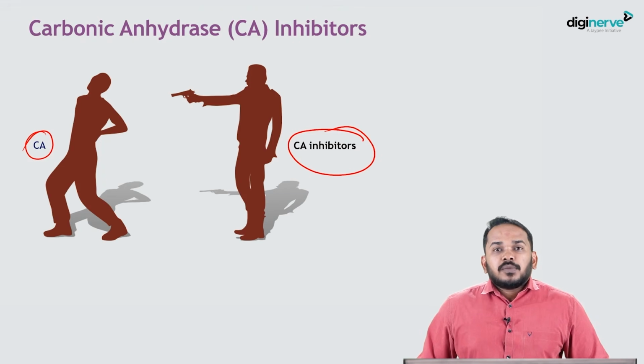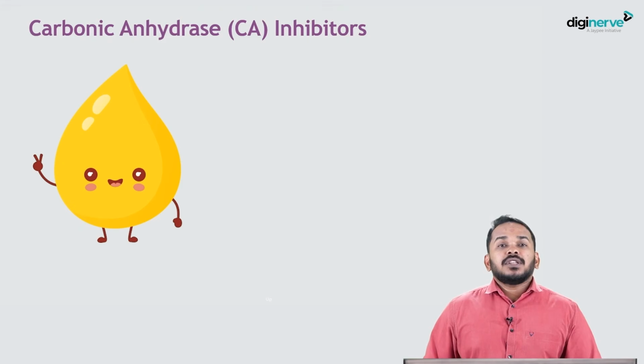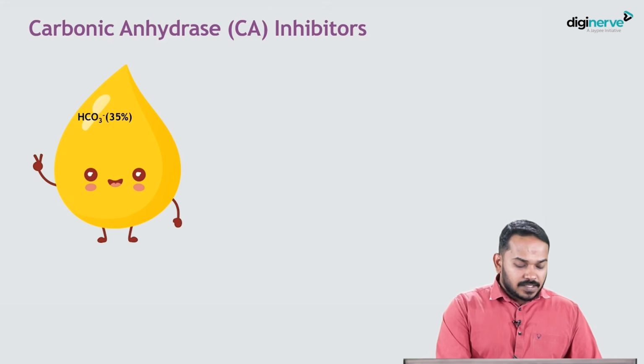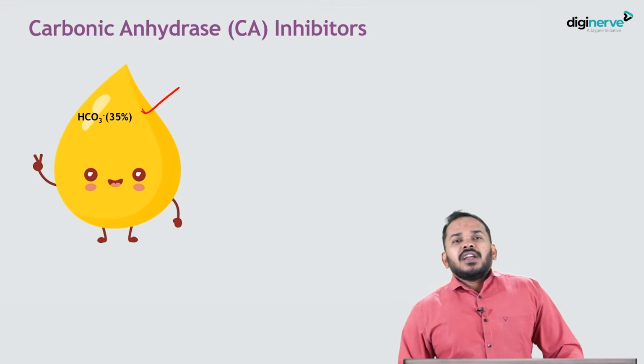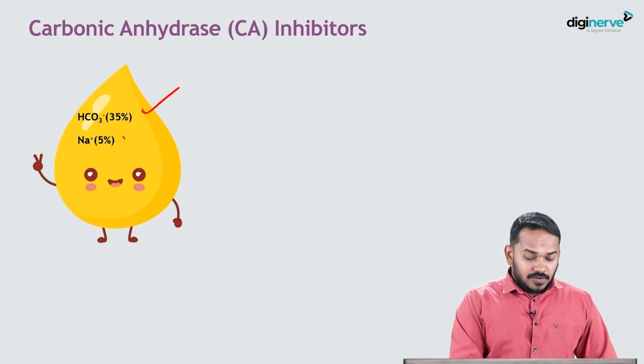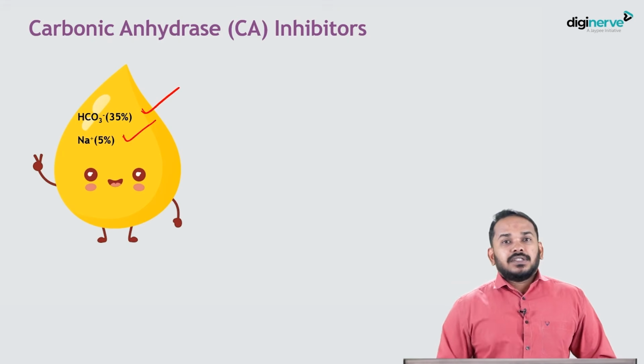Okay. So this carbonic anhydrase enzyme is inhibited by these carbonic anhydrase inhibitors. So as a result, there is reduced reabsorption of sodium and also bicarbonate ions. So when you are administering carbonic anhydrase inhibitors, it will increase the urinary excretion of bicarbonate ions by 35%. Carbonic anhydrase inhibitors also increase the urinary excretion of sodium by 5%.